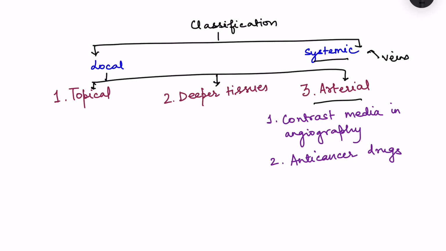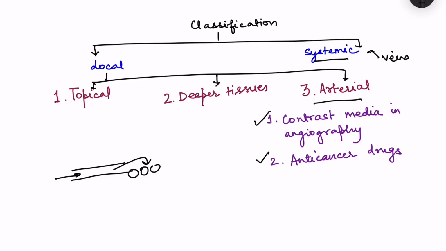But here, when we talk about arteries, the drug is injected into a particular artery and it will go to the tissue which is supplied by that particular artery. So fundamentally the drug is in the local region only. Okay. Examples of arterial application include injection of contrast media in angiography, and for cancer treatment, anti-cancer drugs are injected into some arteries so that they go to the tissues of the cancerous region.